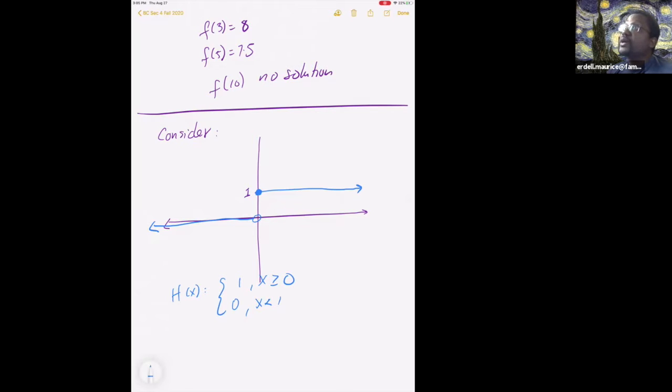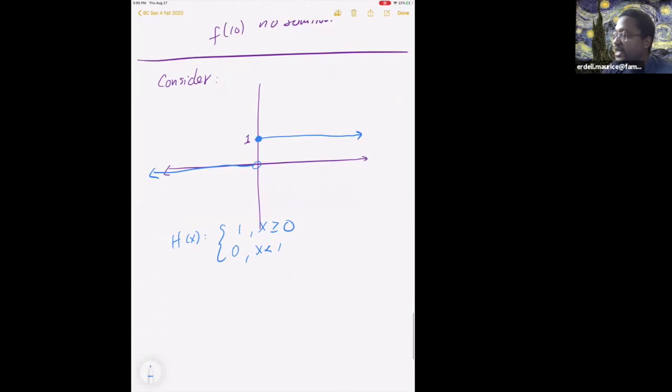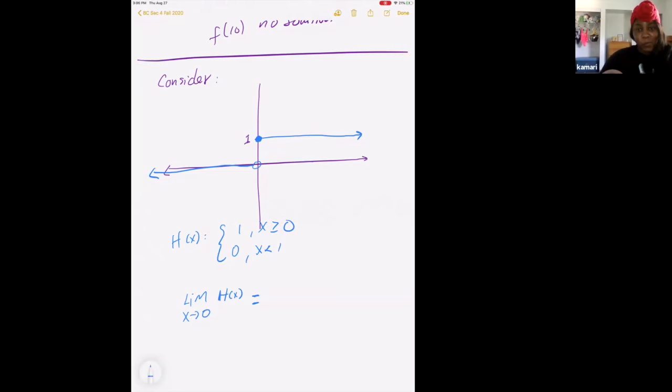Looking at the picture right here, if I ask you to find the limit as x approaches 0 of the Heaviside function, anybody know what the answer is going to be? Is it going to be 1 because it's the closed circle?